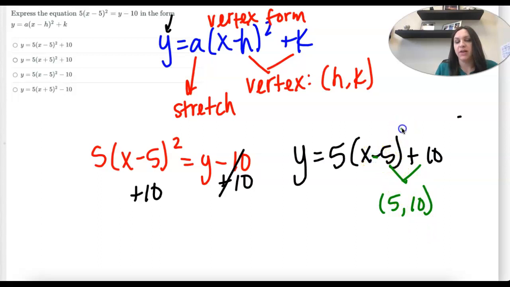Since it's negative 5 in the parentheses, the actual vertex is at 5. And then the 5, this would make our graph stretch up. It'd be more narrow. So our equation, not minus 10, plus 10, this first one.